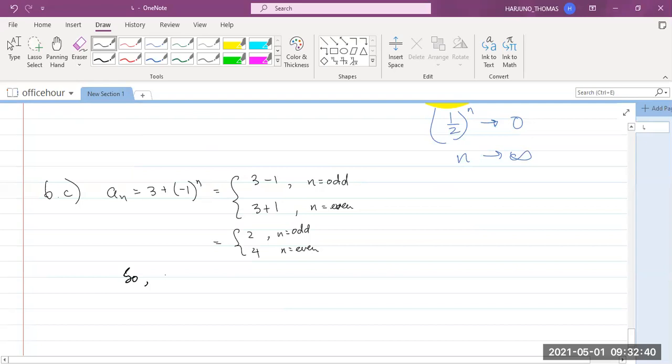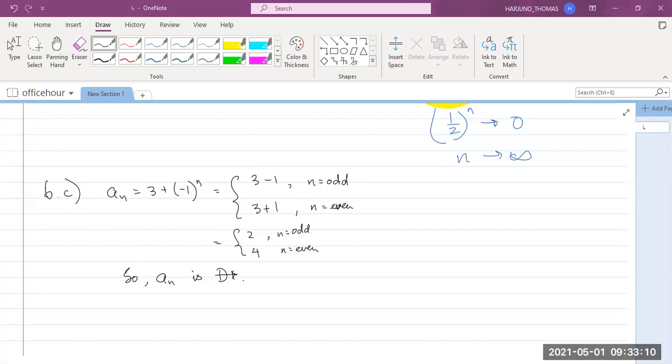So a sub n is divergent. Wait, why is it divergent? Because it doesn't go to a certain number. It's either 2 or 4. It's alternating: 2, 4, 2, 4, 2, 4. If you write down this sequence, it will be 2, 4, 2, 4, 2, 4.